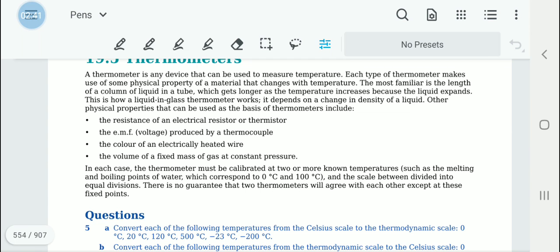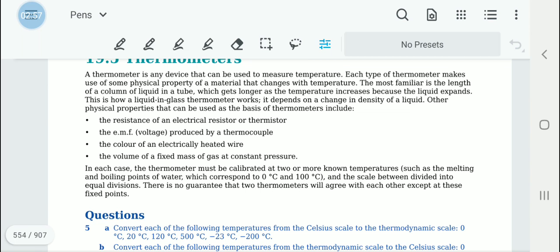When we calibrate this, we calibrate only the two points, right? We calibrate the boiling point and the freezing point. There is no guarantee about the other points.